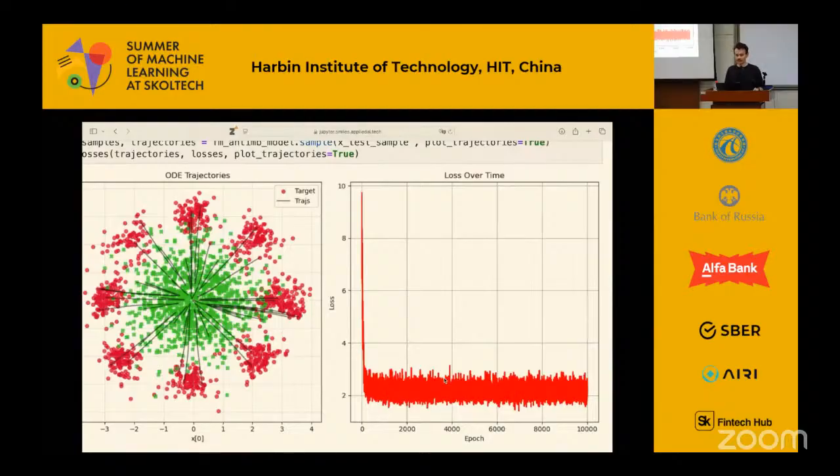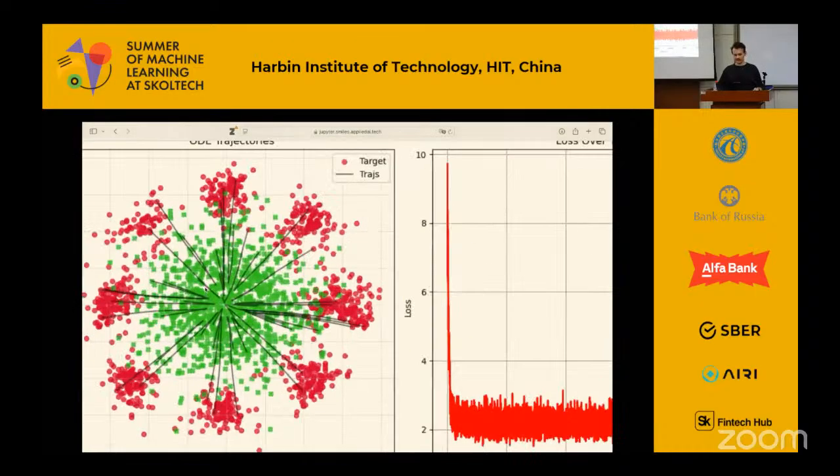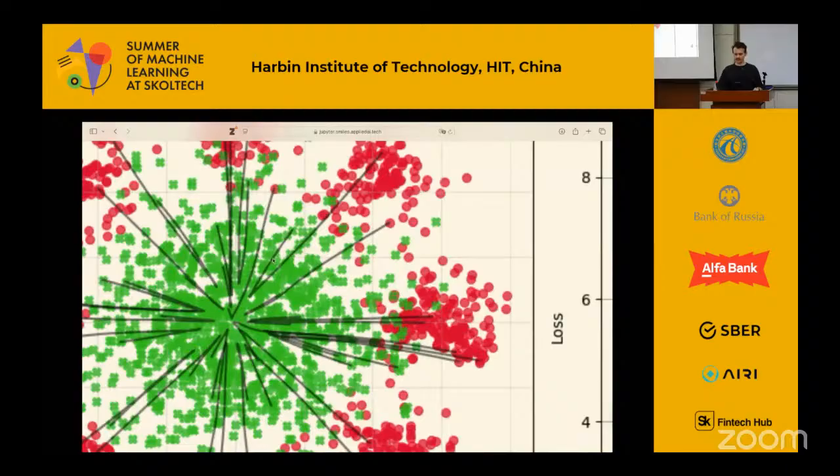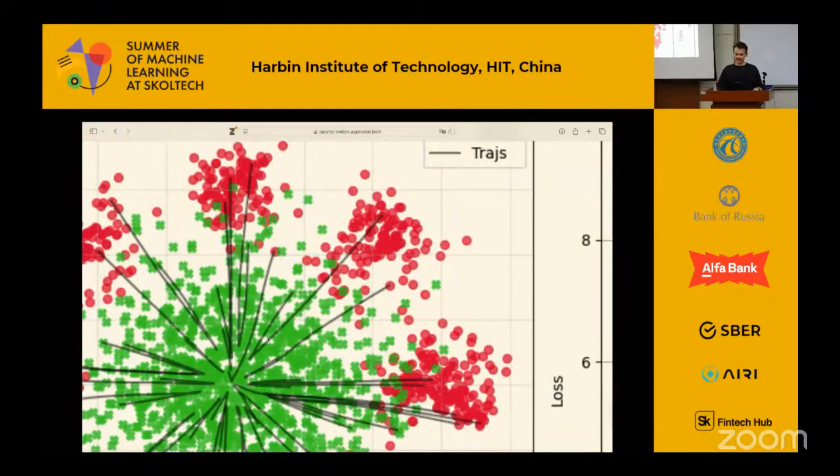But the independent transport plan is better than this one, because the independent transport plan trajectories are a little bit curvy, while these are much more complex trajectories, they're just bad. A curvy trajectory is better than something like this.